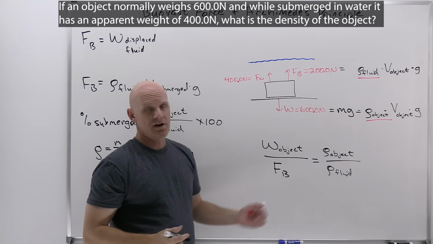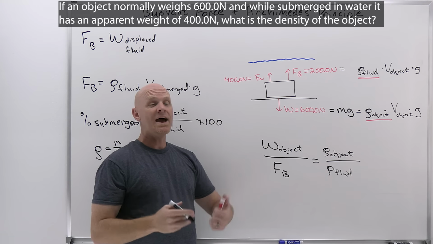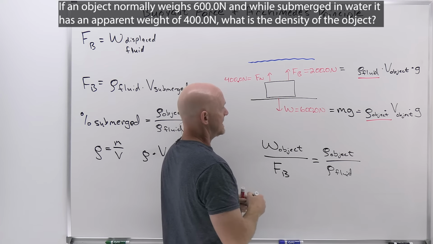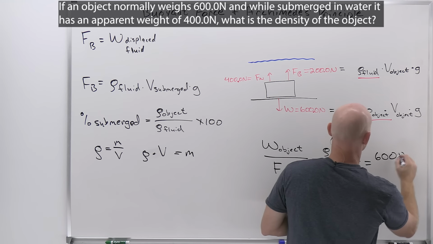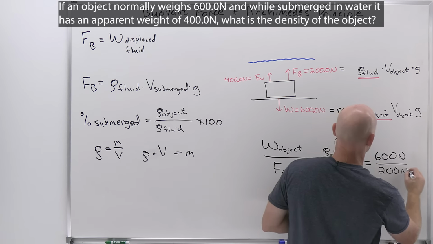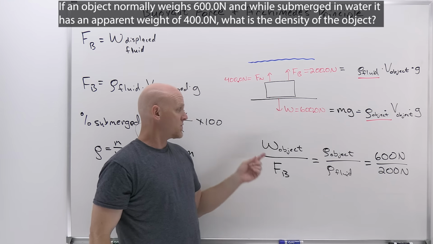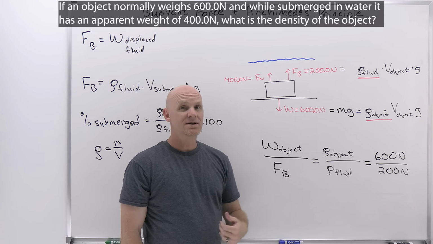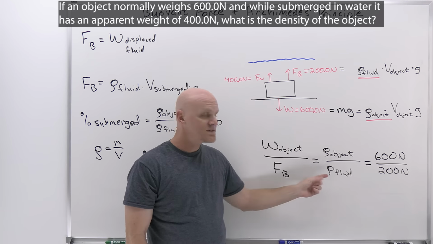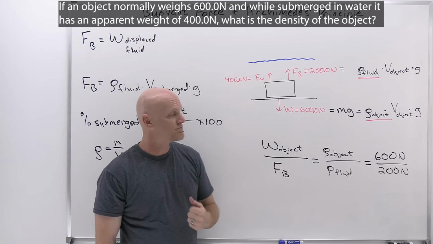The numbers are often given to you nicely so that you can reason it out in such fashion. In this case, this comes out to 600 newtons over 200 newtons. So if the weight of the object is 3 times bigger than the buoyant force, it's because the density of the object is 3 times bigger than the density of the fluid.